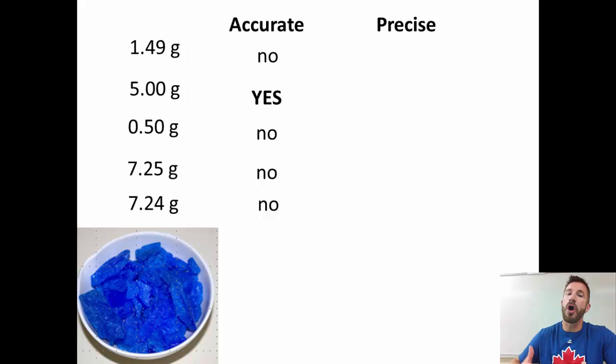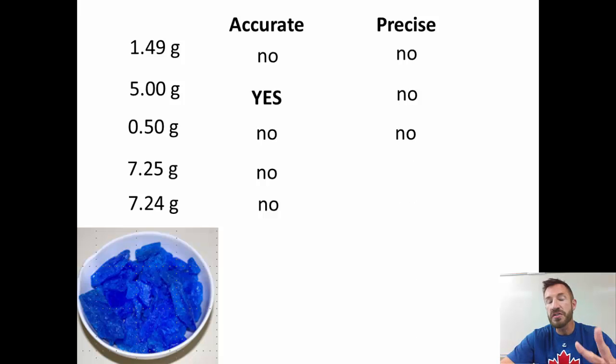Next, are they precise? Do we get the same number over and over again? Looking at all those values, 1.49 was only obtained once, so that is not a precise number. Even though 5 is a correct answer, only one measurement gave us a 5, so that measurement is not precise. Now, the 0.5 was only obtained once, so that's not precise as well. But we see two times 7.24 and 7.25.